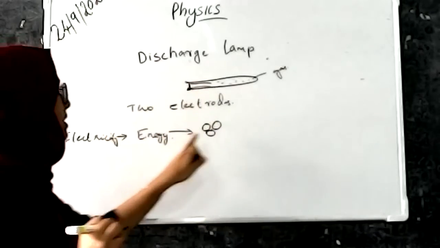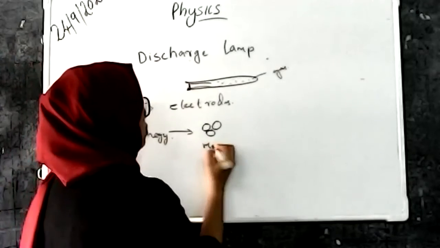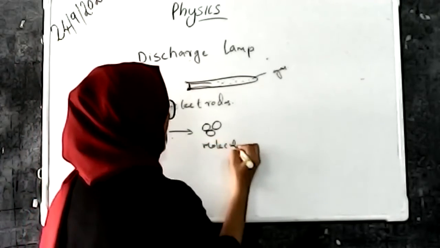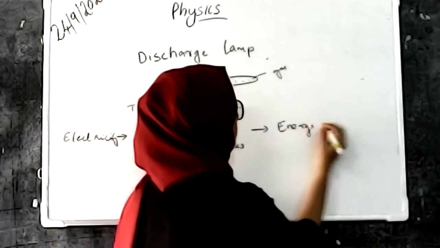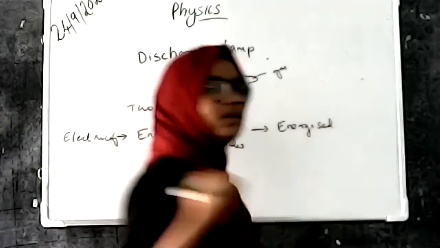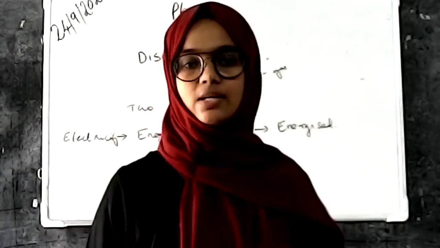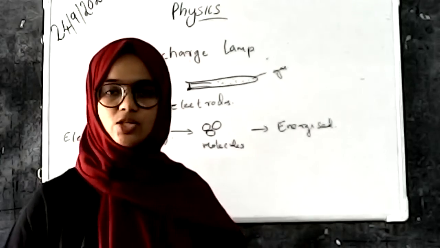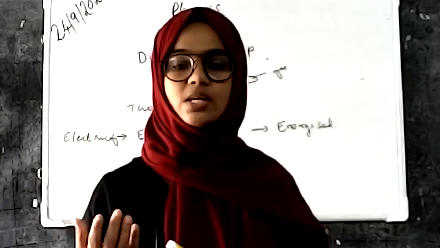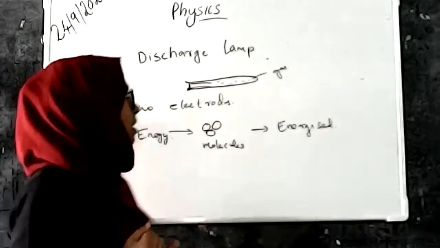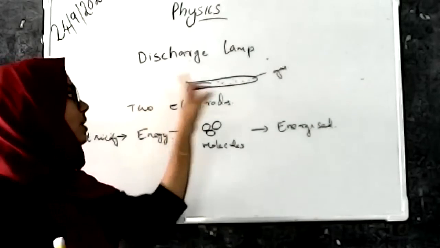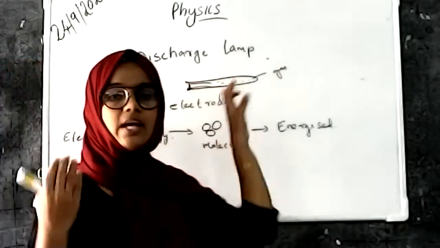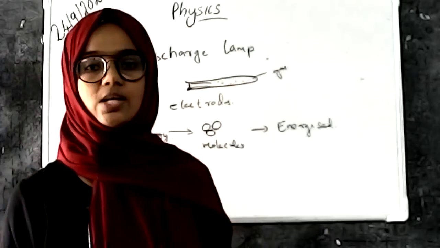The molecules in that glass tube get energized, and it forms an unstable condition. In the unstable condition, they emit radiation and white light. Based on the amount of electricity, the molecules radiate light and radiations.